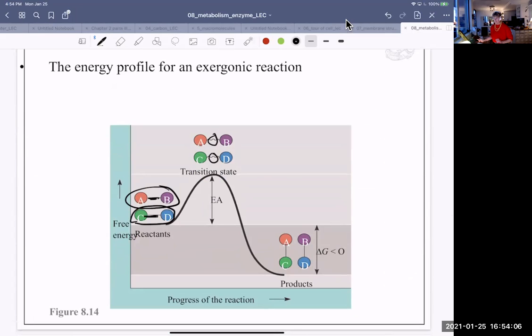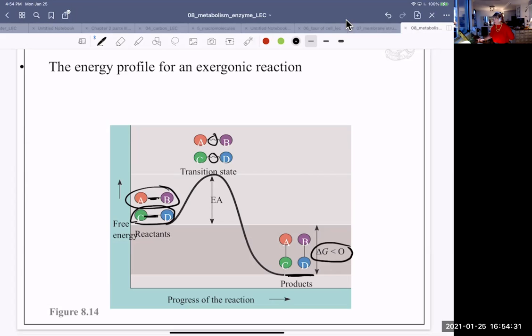It could be very hot, in which case they'll be moving around so much and the bonds really aren't that strong that they will just simply break. So that could happen. And then we have the products. Of course, they're more stable and it's happened spontaneously. We can tell that because the change in G is less than 0.